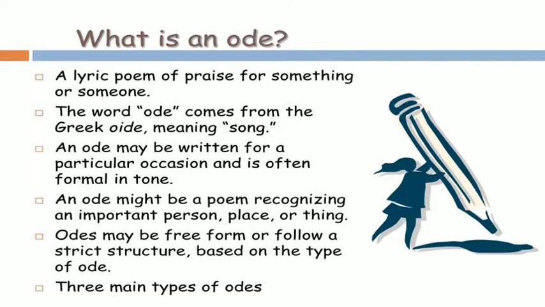Generally, odes can be thought of as a formal address to an event or a person or a thing which is not present. Here we find this lyric poem is addressed to the skylark, to this bird.